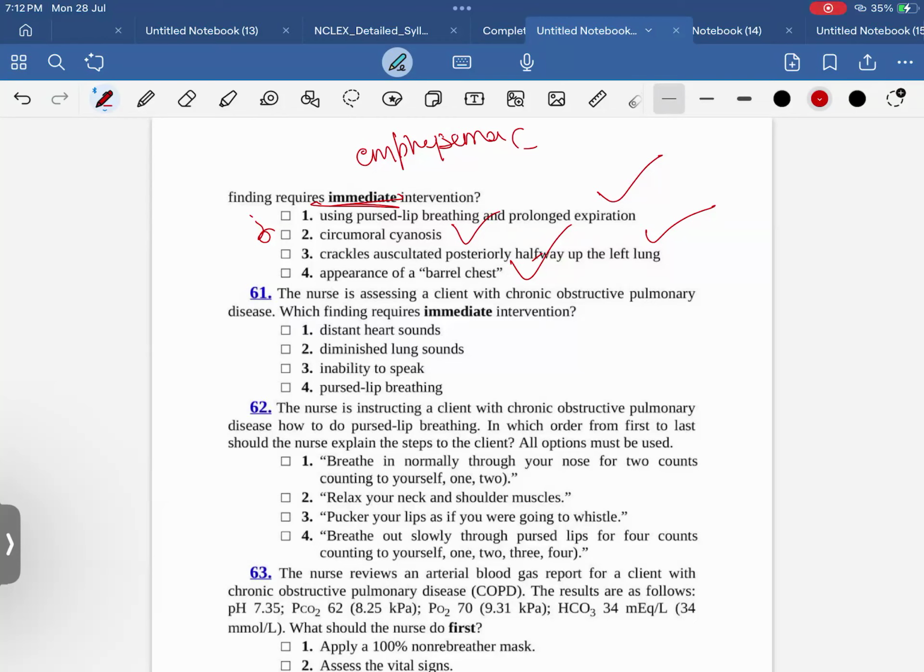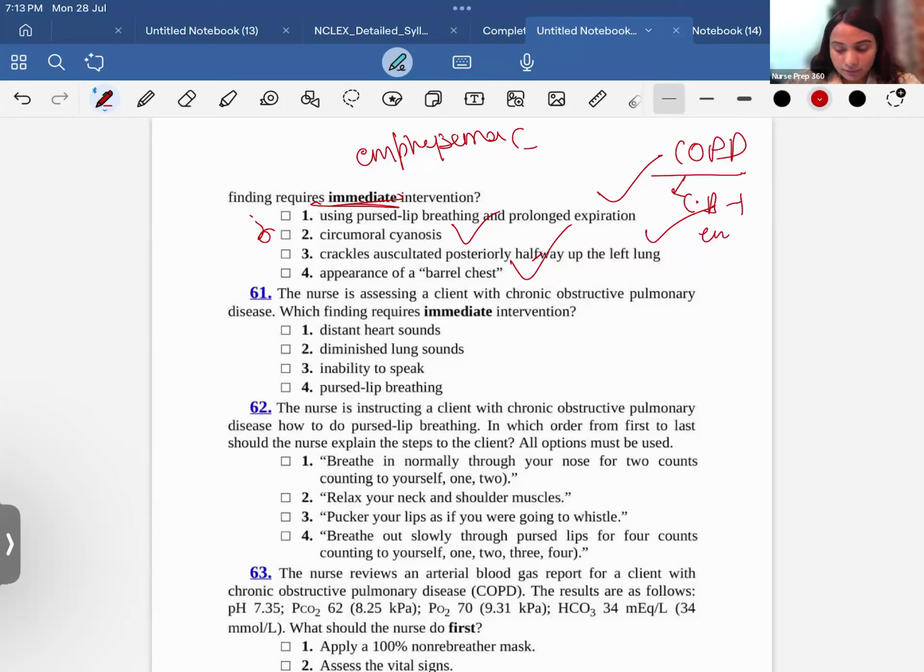What is COPD? Do not give me the full form. Chronic obstructive pulmonary disease, I don't want full forms. COPD is comprised of chronic bronchitis plus emphysema.